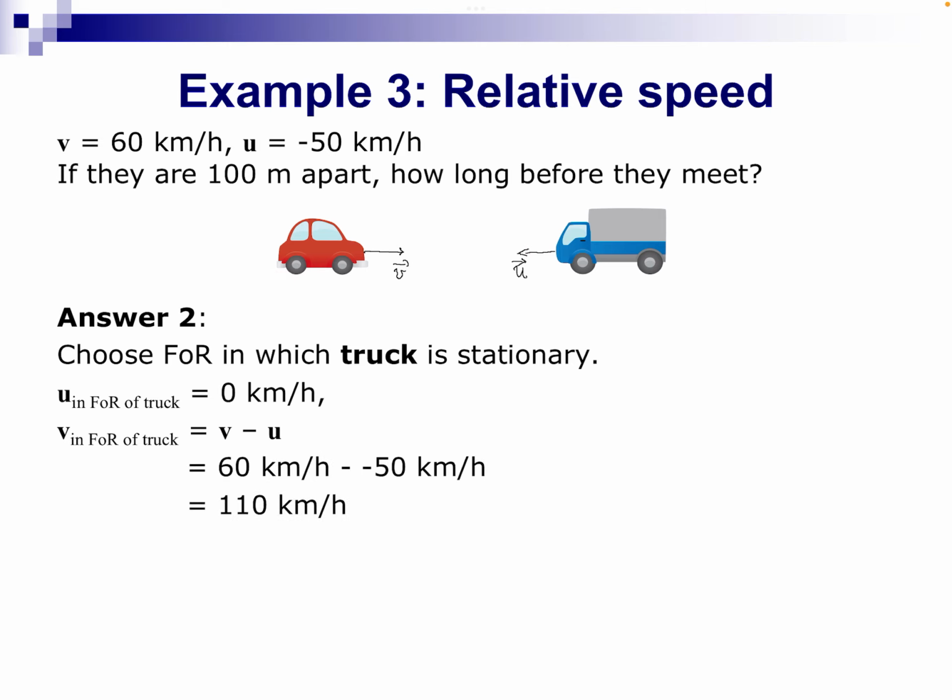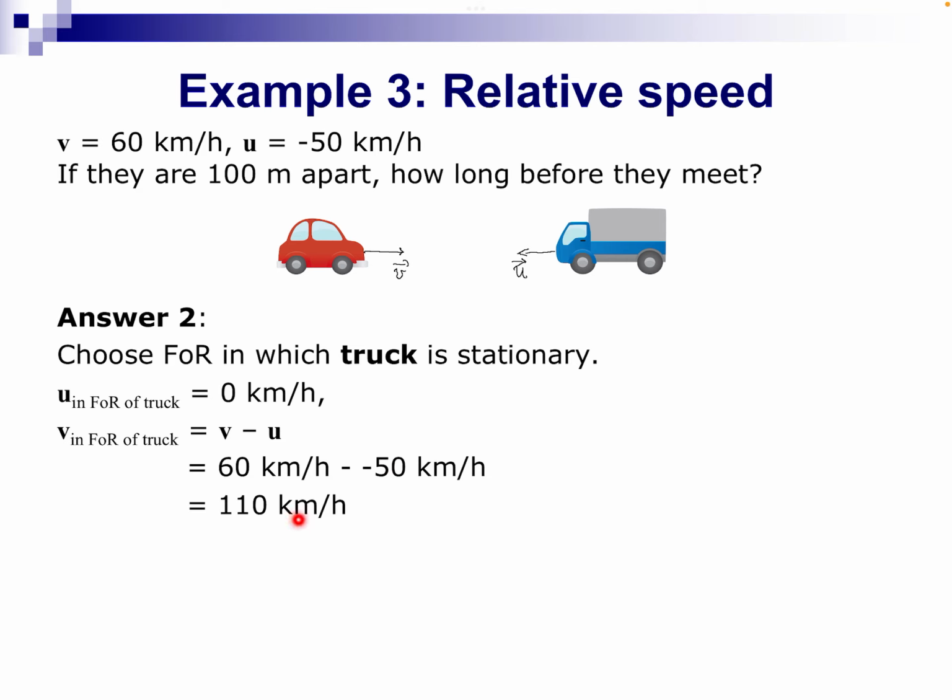Right, so you have the 60 kilometers per hour velocity of the car, essentially plus, because you have minus negative 50 kilometers per hour, that effectively gives you a plus 50 kilometers per hour. So if you're in the frame of reference of the truck and you're watching the car approach you, it's as if you are stationary, but the car approaches you with a velocity equal to the sum of the velocities of the moving vehicles.